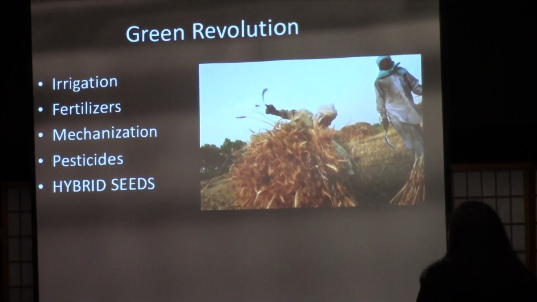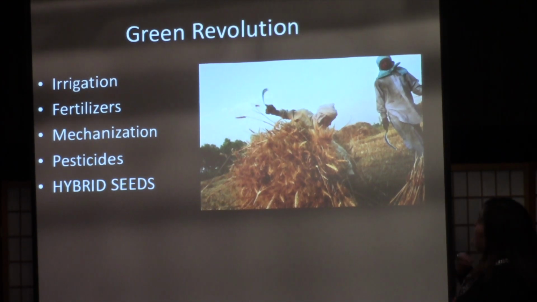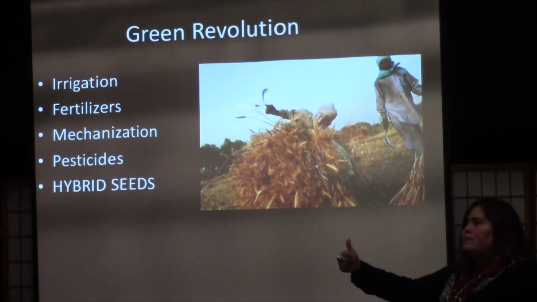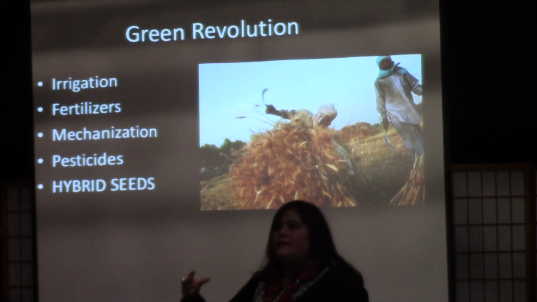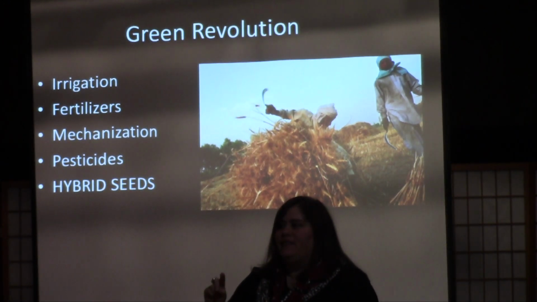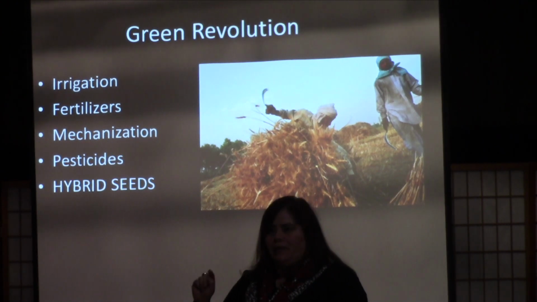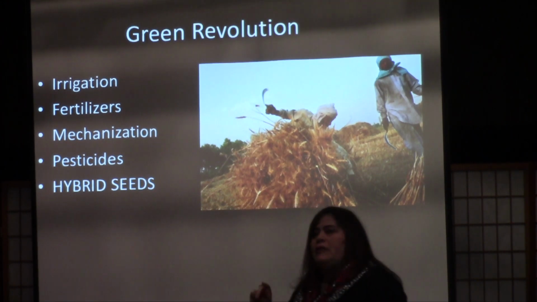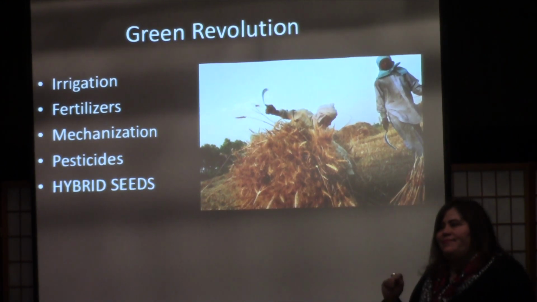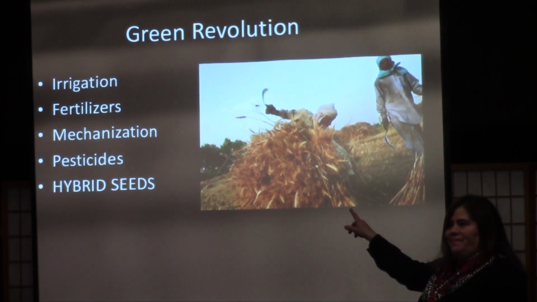So the Green Revolution was this idea that increased irrigation, increased fertilizer, mechanization, and pesticides, together with hybrid seeds, would produce more wheat. And it did. You saw the numbers. Now, I just need you to step back a little bit. Look at this list.